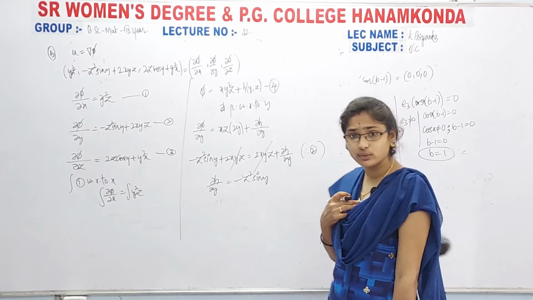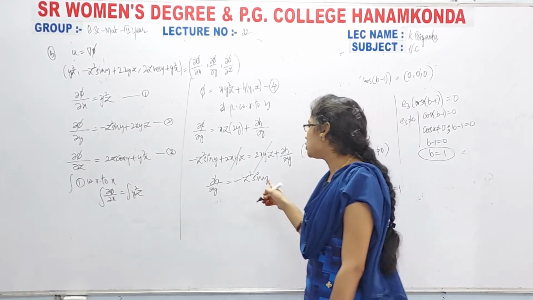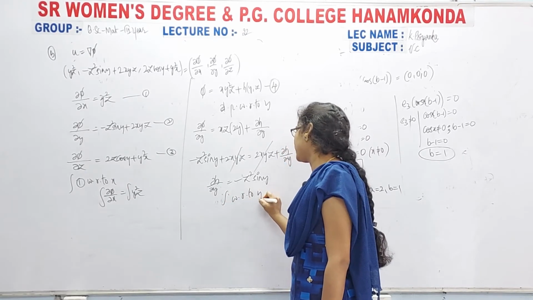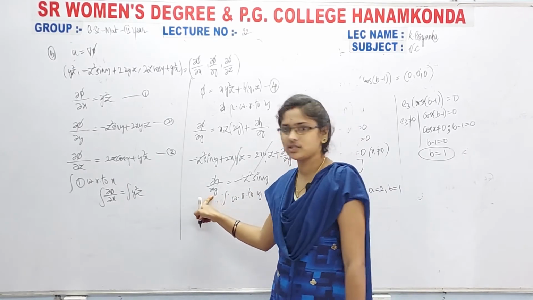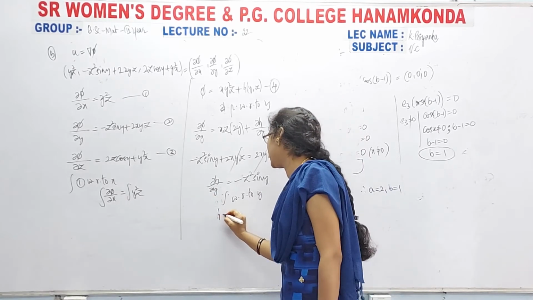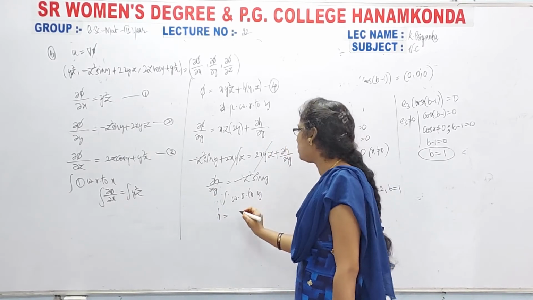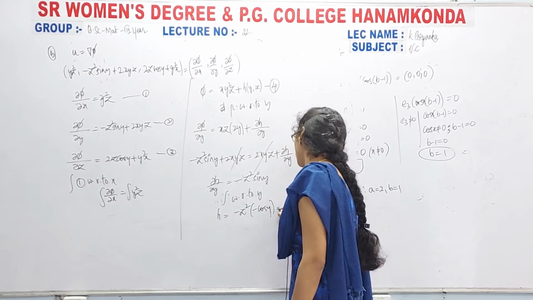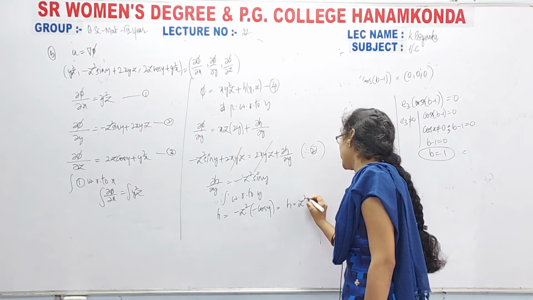So I have the value of dou h by dou y. Now I have to find the value of h only, so just integrate with respect to y. Then h is equal to minus z square into minus cos y. Therefore h is equal to z square cos y.